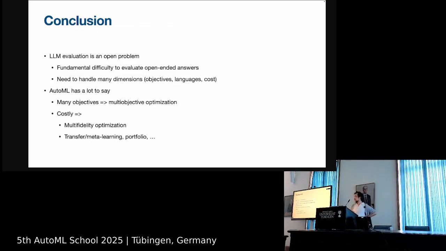I also hope I showed you that AutoML has a lot to say to make those processes more efficient, with many objectives. Of course, when we see that, we think about multi-objective optimization. We also have a lot to say to make them cheaper, since cost is really a big issue right now.